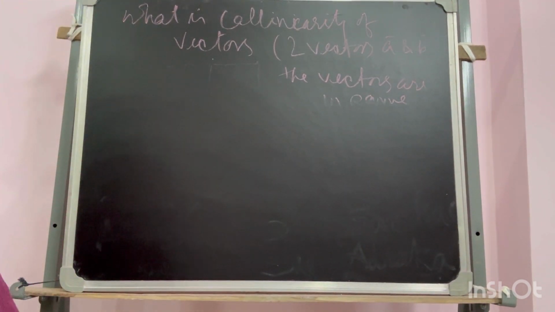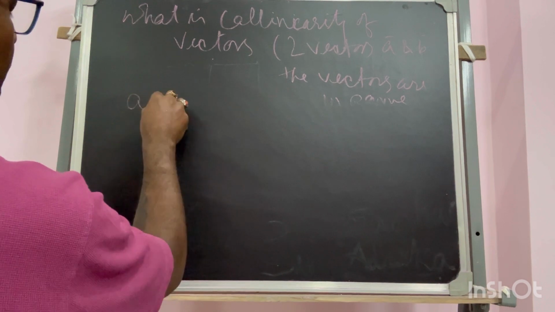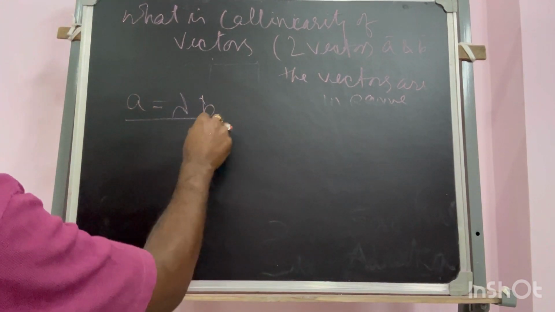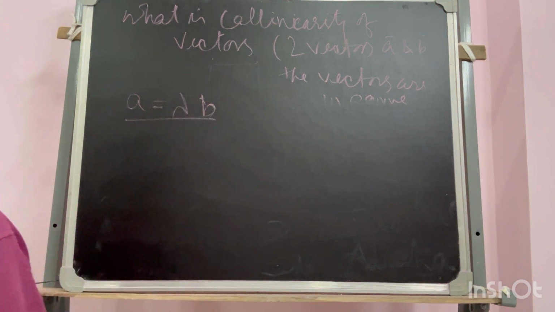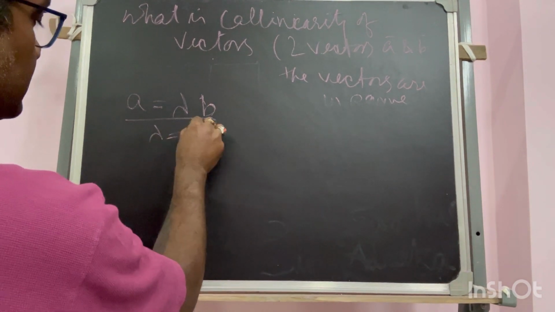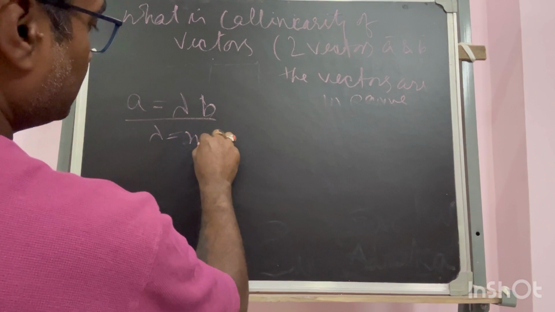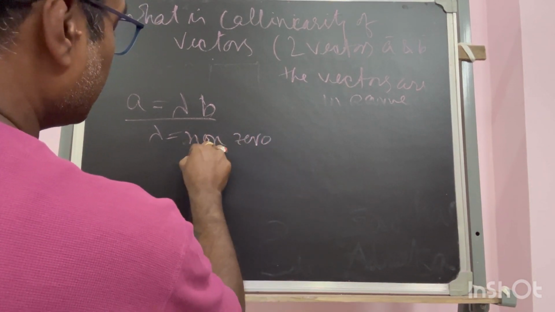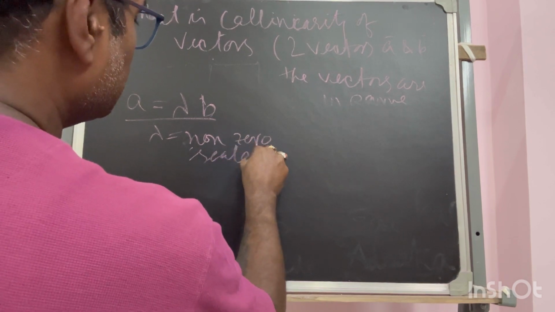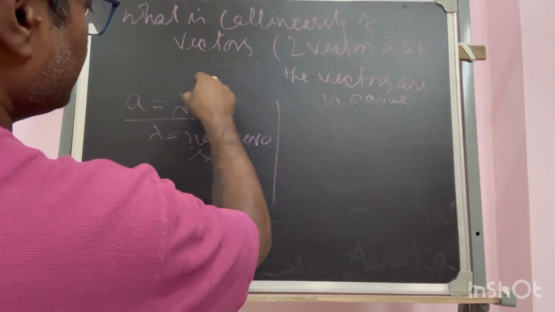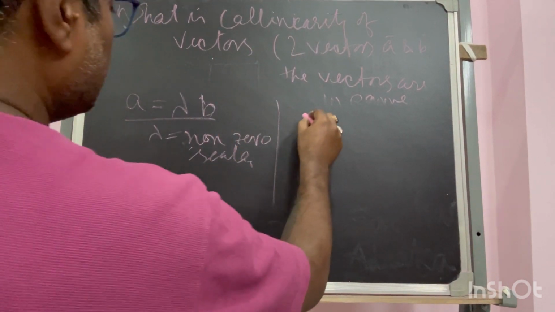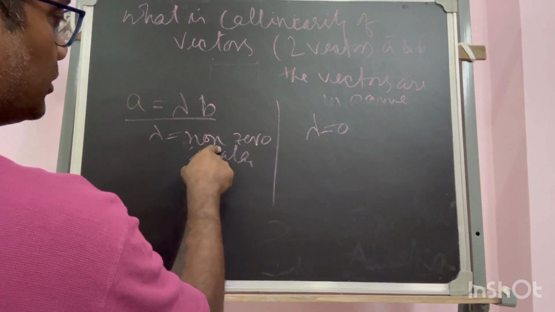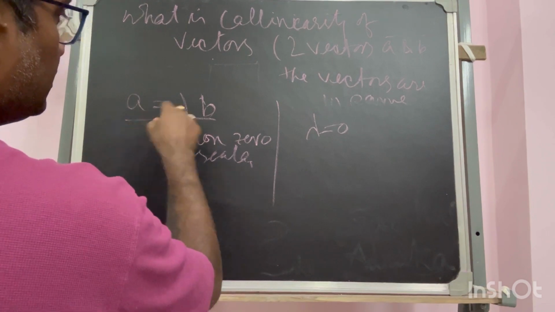For collinearity, two collinear vectors must be represented as a equal to lambda b, where lambda is a non-zero scalar. This is the condition of collinearity.